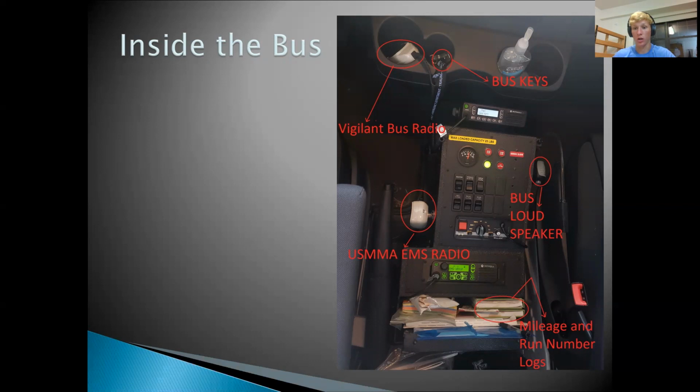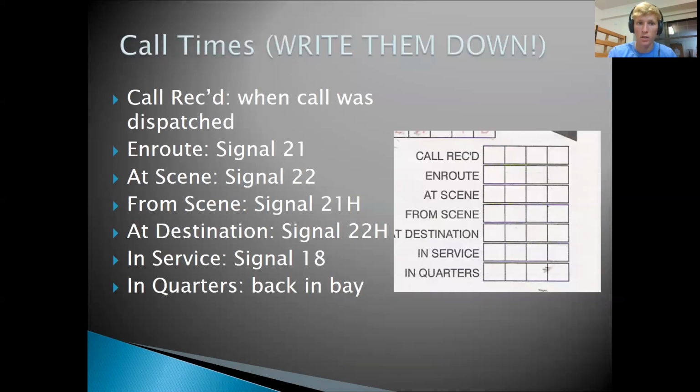Mileage and run number logs, so keep those up to date. I can't stress that enough. We're really focusing on the documentation for this year. Call times: whenever you get one of the calls, write down a time. All of these should be filled out as well.